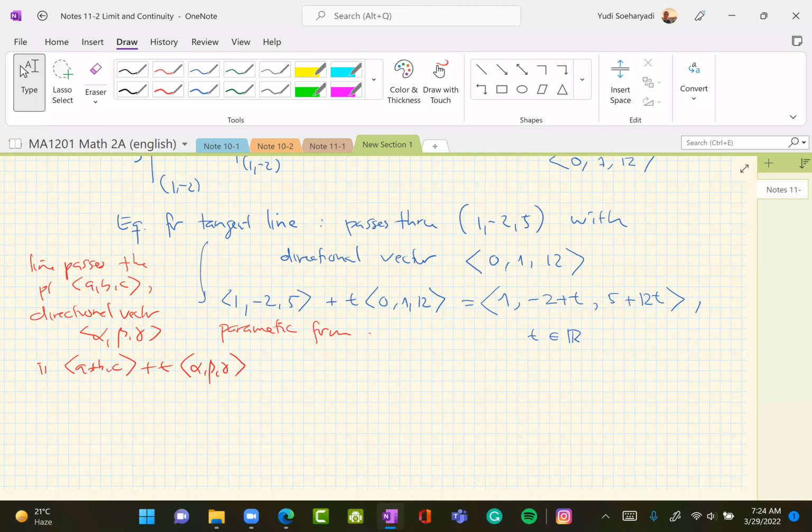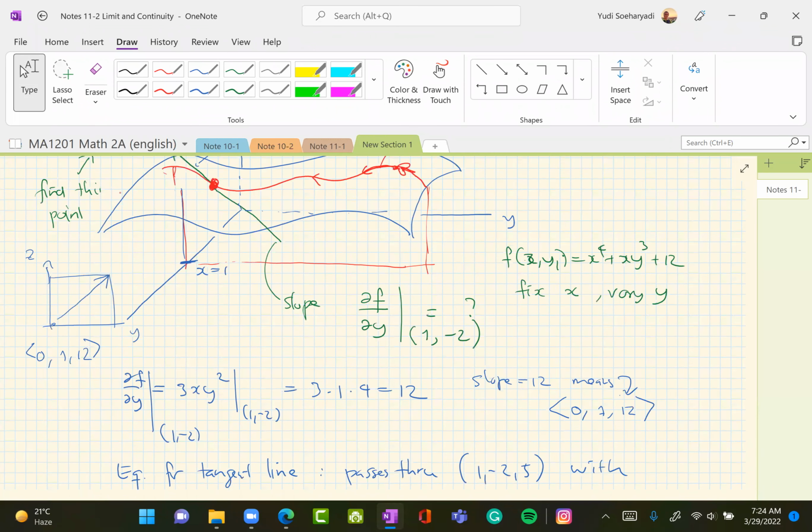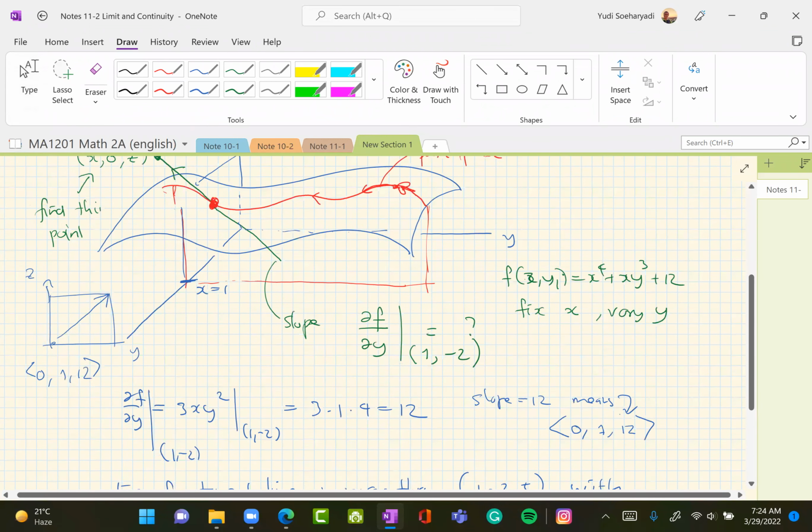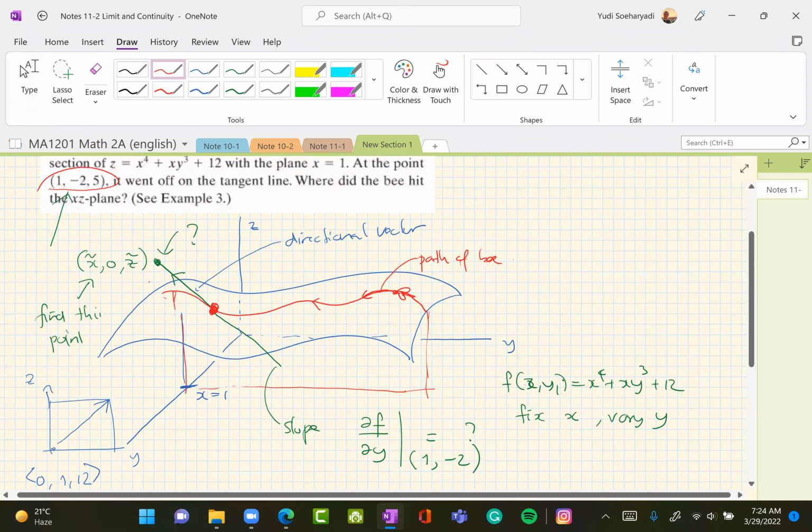Okay, and now the question is when it hits this plane here. What makes this going to be 0? So the y is 0.